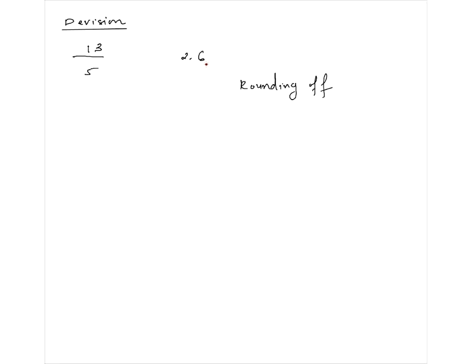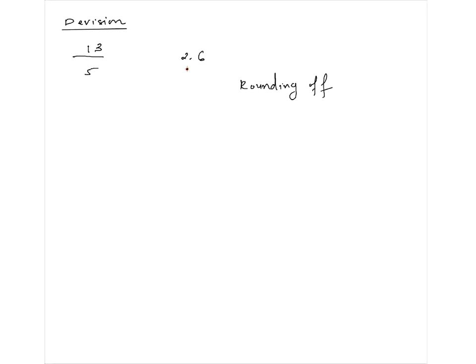Rounding off rules are also there, where we take the weight of this into account. So what are the rounding off rules? You want to have only one significant figure in this case. That means you want to round off right here.